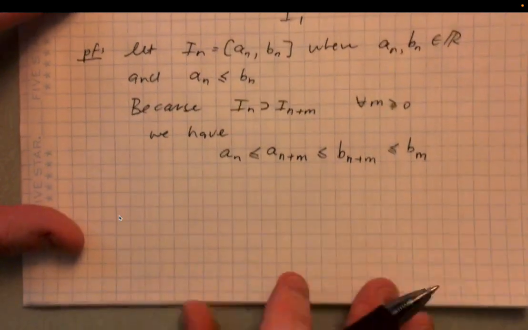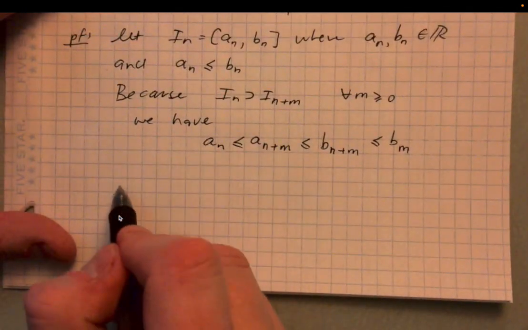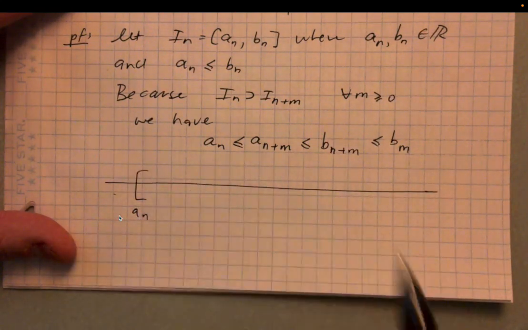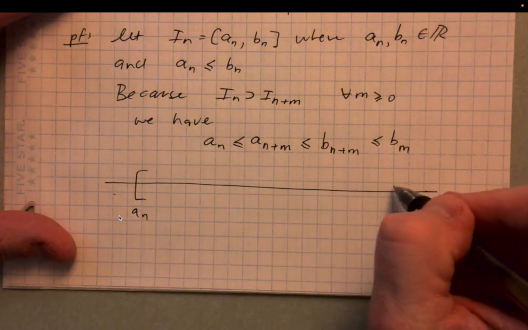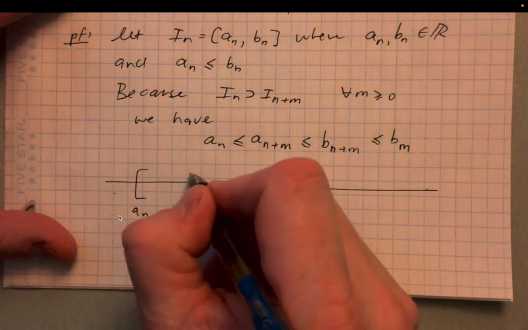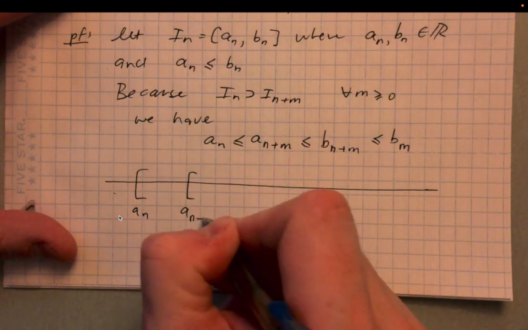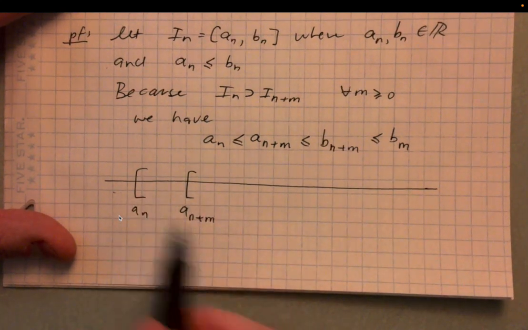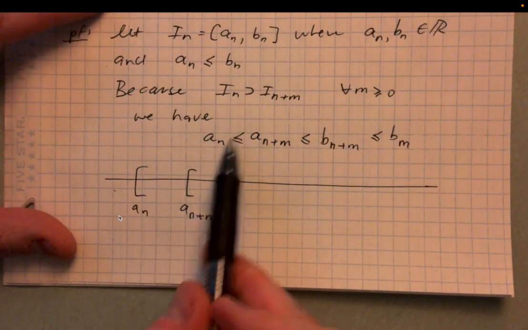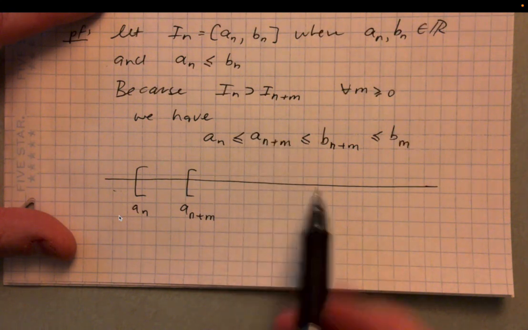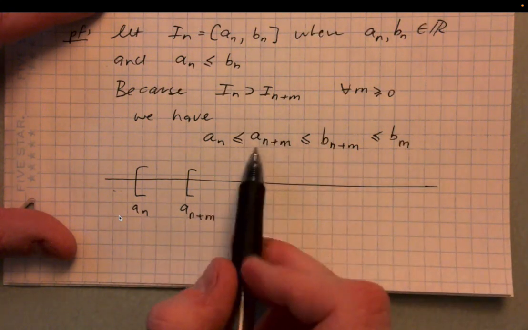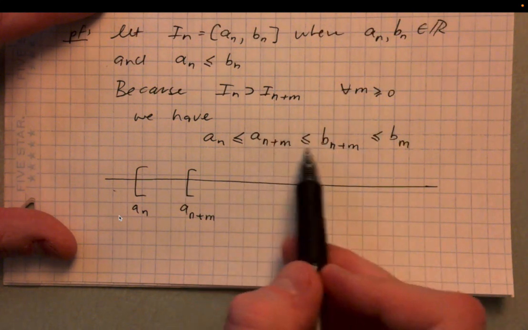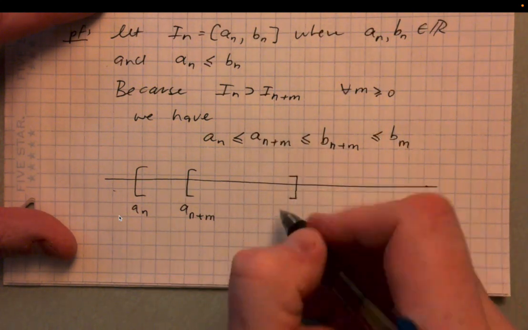Now, hold on. What's all this? Well, let's draw a little picture here. On the one hand, we've got a sub n, and we know that a sub n plus m, because it has a larger index, must be to the right of a sub n. So that means a sub n is less than or equal to a sub n plus m. And then b sub n plus m would be the right-hand endpoint of the n plus m interval, so it's over here somewhere.